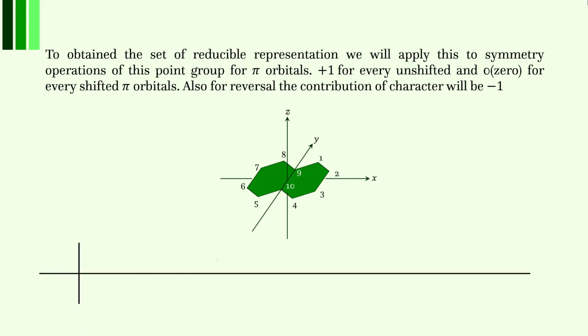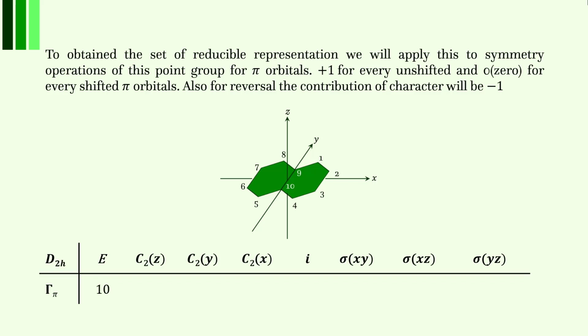So we have the D2h symmetry. We have identity, C2 along the z-axis, C2 along the y-axis, C2 along the x-axis as demonstrated, center of inversion, sigma xy, sigma xz, sigma yz. So these are the symmetry properties of this molecule. We know that there are 10 pi electrons, and because the identity does not do anything, it has a contribution of 10.